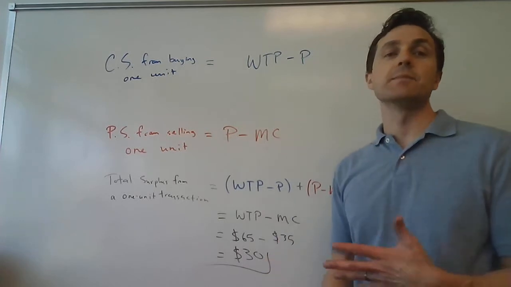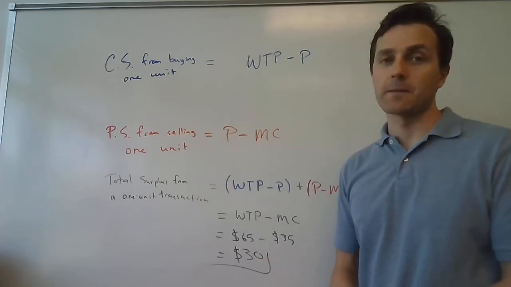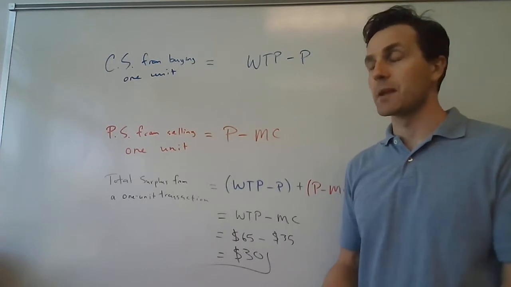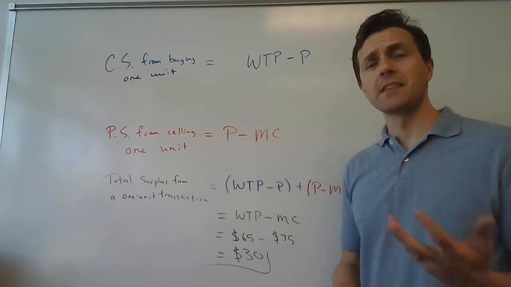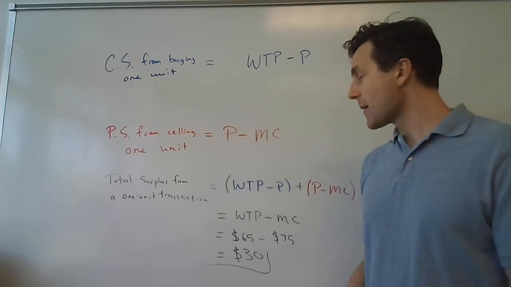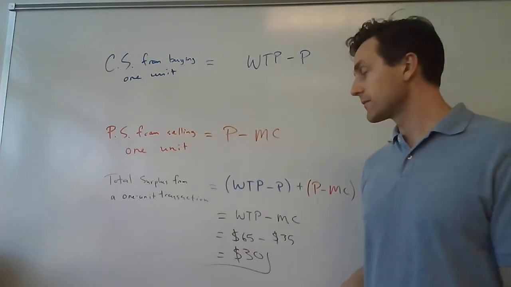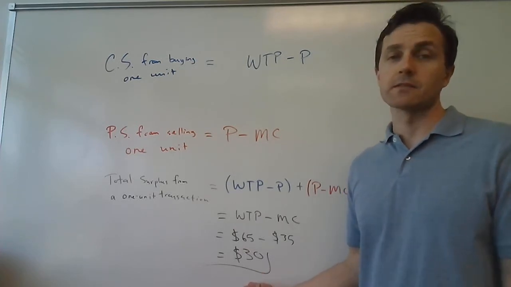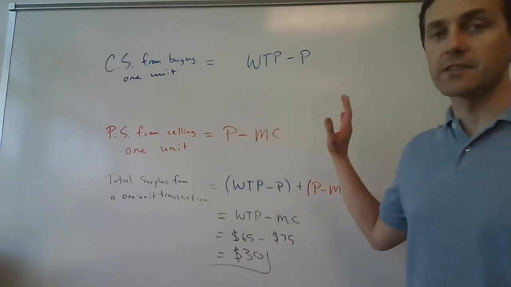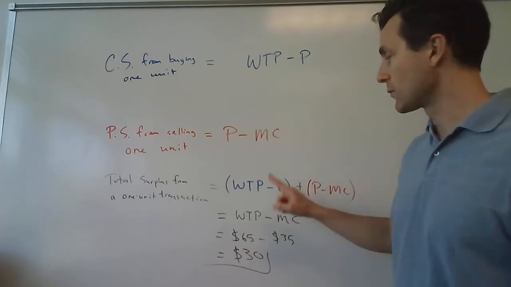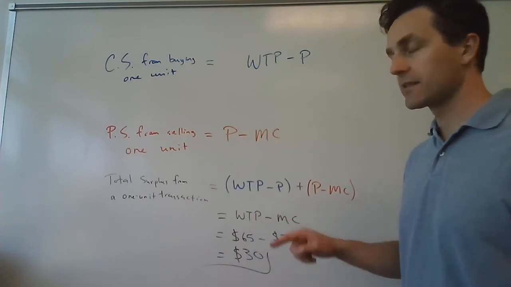That means that if Arnold was so afraid of the asymmetric information, that maybe the bike's going to break down, that this transaction doesn't happen, then this total surplus would not occur, which means we would have $30 worth of deadweight loss. So that's how much deadweight loss would happen if this one transaction didn't occur. It's whatever the willingness to pay is of the highest buyer minus the marginal cost.